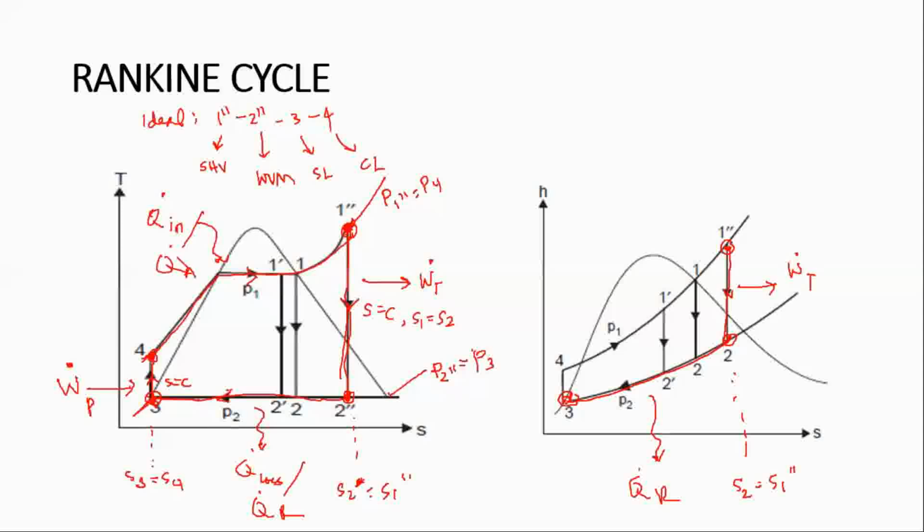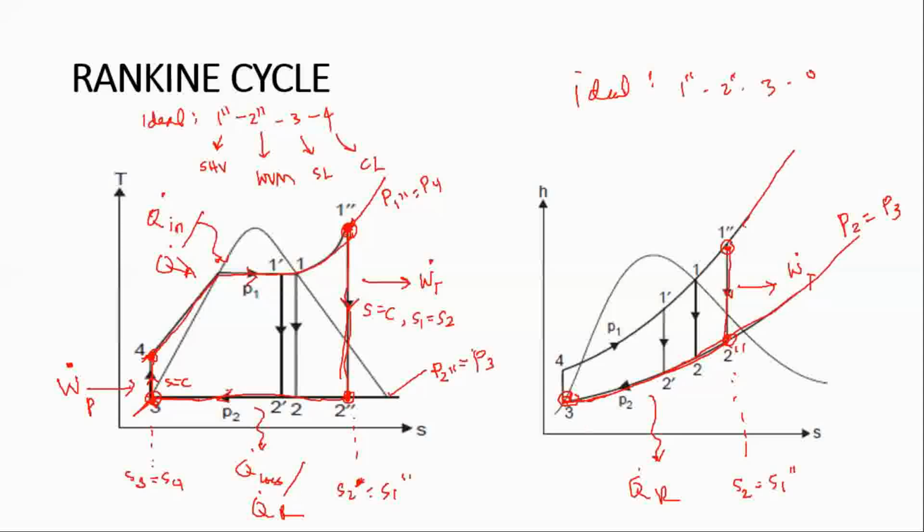Heat rejection, QR. Or, ito naman, QA. At 3 to 4, itong linya na to, yun yung isobar or pressure line. So, this is P2 equals P3. Dito yung ideal, ganun pa rin. 1 double prime, 2 double prime, 3, 4.